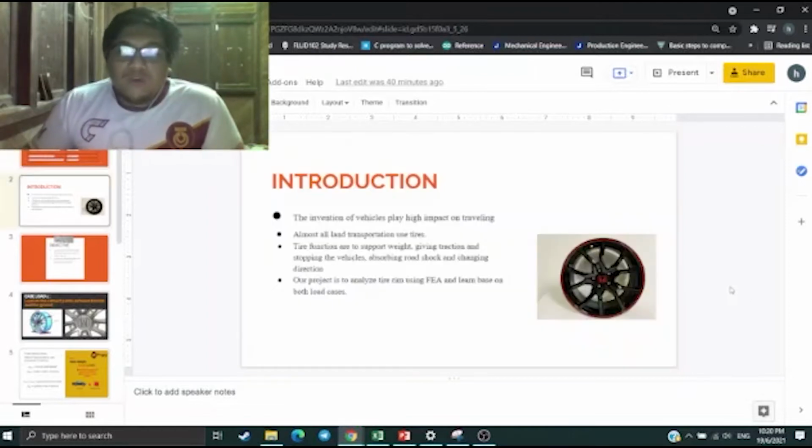Our group uses the tire rim as our part in our project. So what is the importance of this part? This part is used in vehicles, and vehicles are used for transporting and traveling.